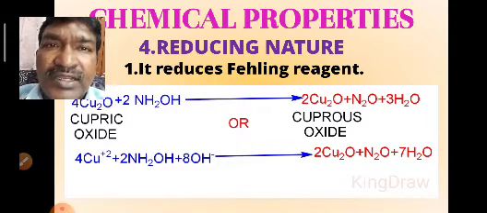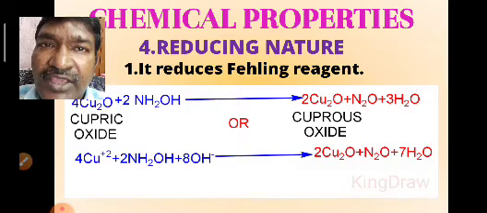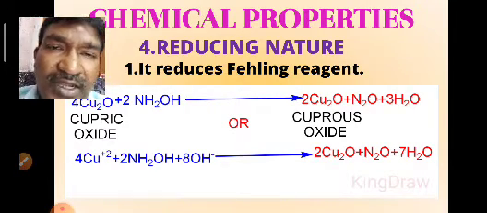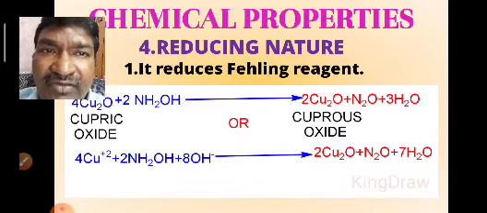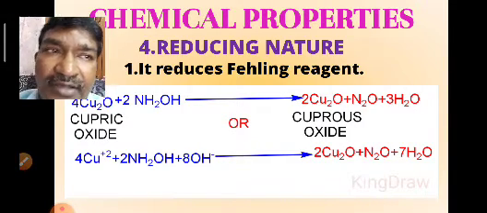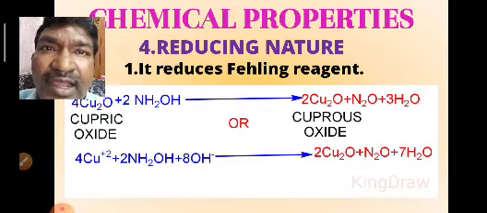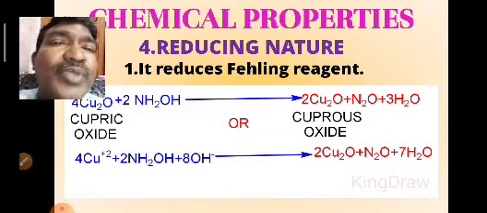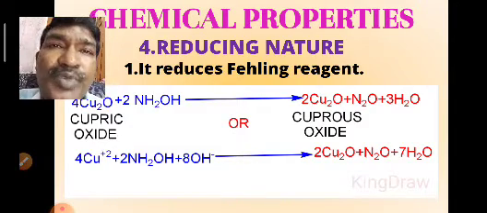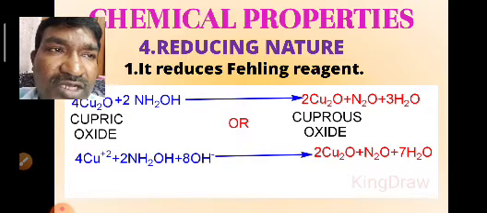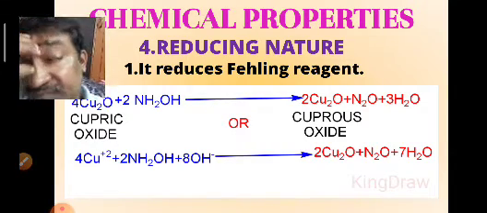That is nothing but, in a simple manner, we can say it as the cupric oxide. When cupric oxide is treated with the hydroxylamine and heated, we get a red color precipitate. That red color precipitate is nothing but cuprous oxide, Cu2O. So this is a very simple equation to balance.